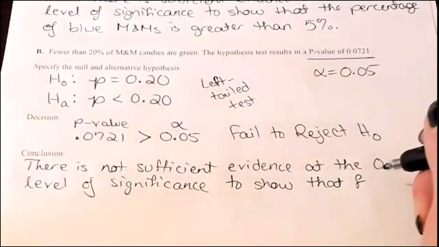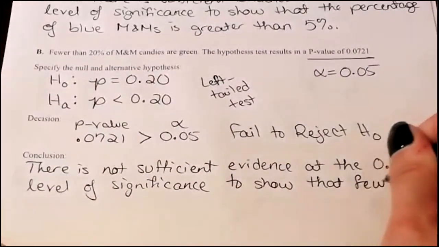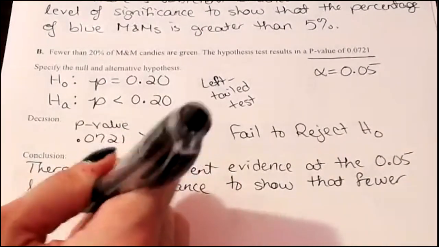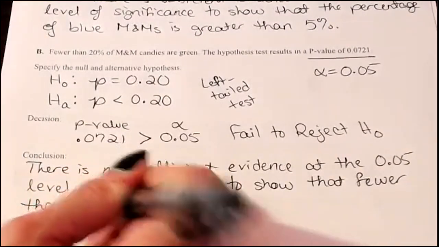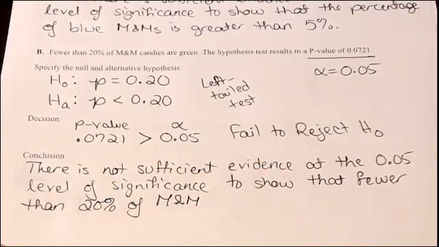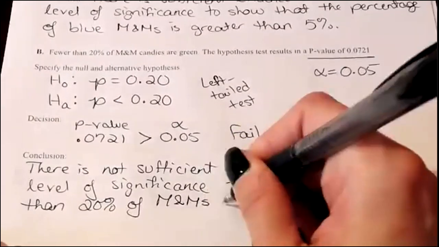That's the alternative hypothesis. To show that fewer than 20% of M&Ms are green.